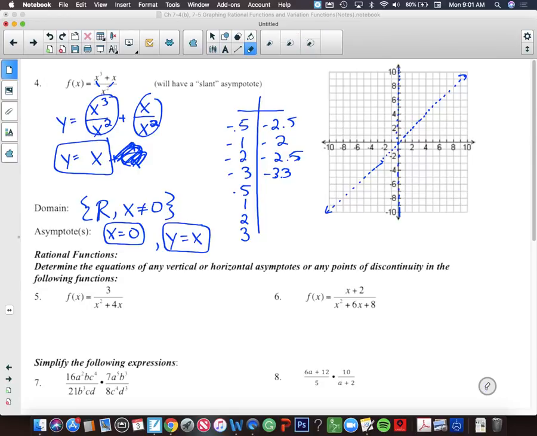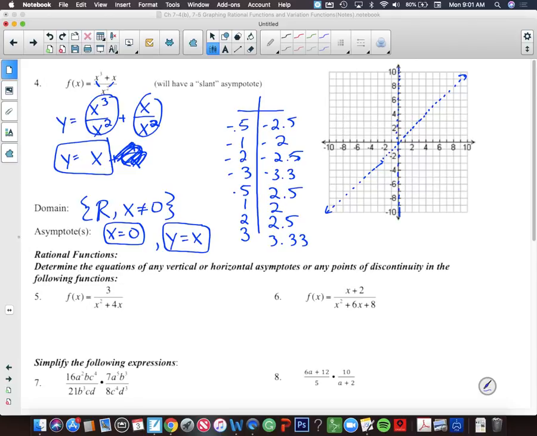Let's fix that one. It's negative 3 1/3. And then for 0.5, we get 2.5, and 2, 2.5, 3.33. So this one is very symmetrical, as you can see by those points.